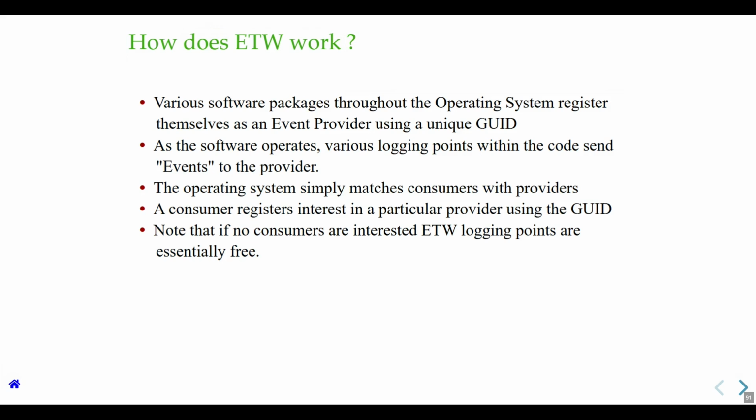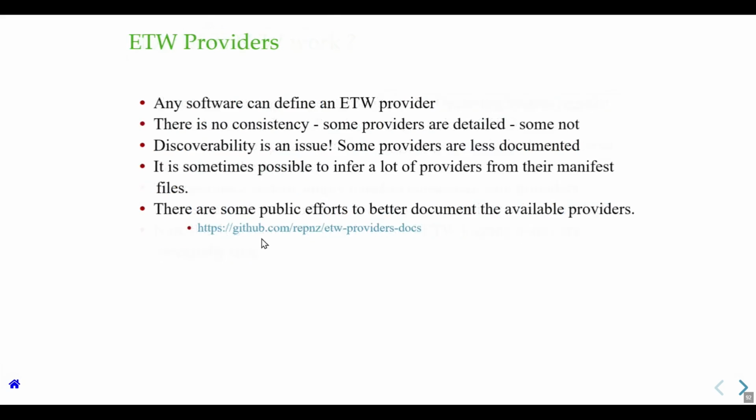That makes sense, it's logical. If we don't watch an ETW source, then there's no performance impact on the system. Okay, so this is the details of it. And that's what I just said, so we'll just skip that.